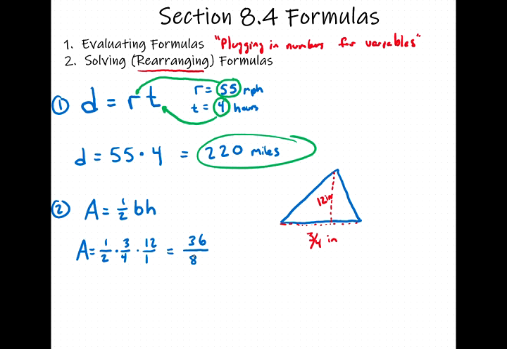And now to simplify this, well, 8 doesn't go evenly into 36, but 8 is a multiple of 4, and also 36 is a multiple of 4. So 36 is 4 times 9, and 8 is 4 times 2. And remember, to simplify a fraction means to eliminate any common factors from the numerator and the denominator.